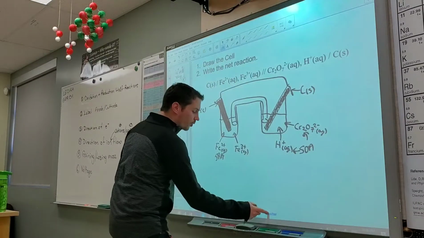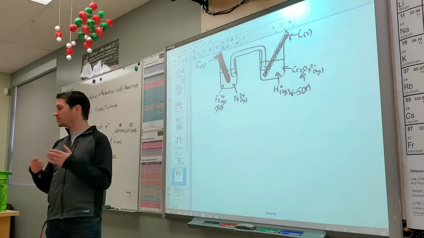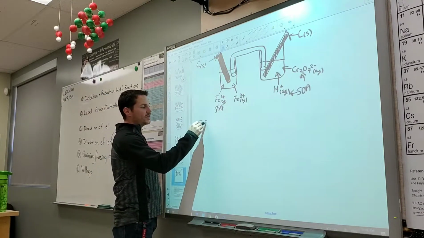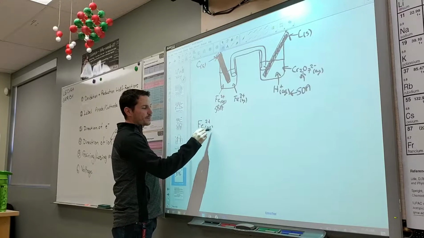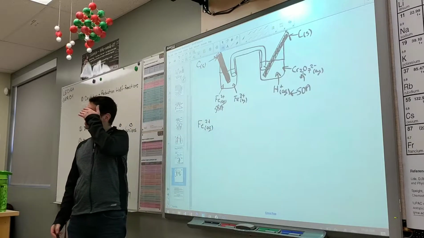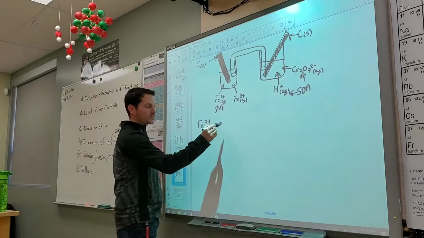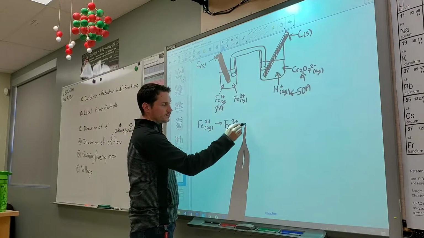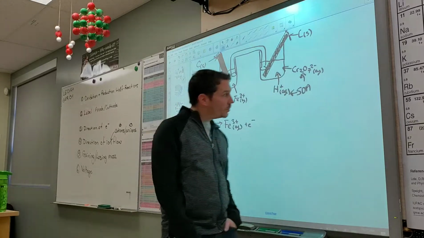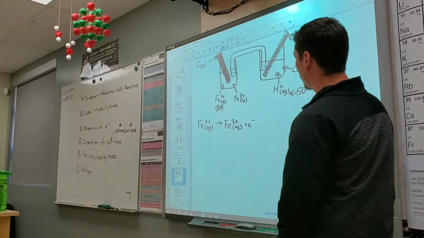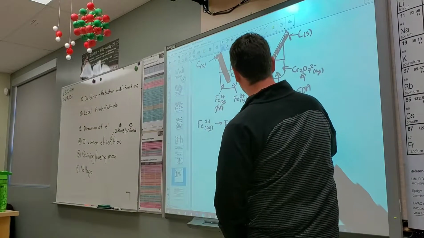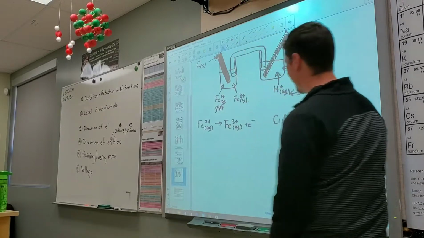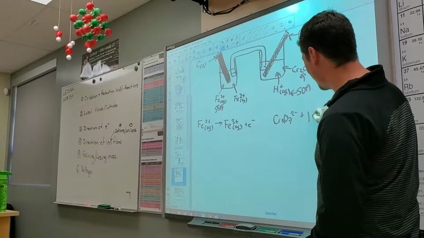So we're going to write the reactions of our strongest oxidizing and strongest reducing agents. Fe2+, because it's a reducing agent, is giving away electrons. And because acidified dichromate is the oxidizing agent, Cr2O7 2- plus, is it 14 hydrogens?